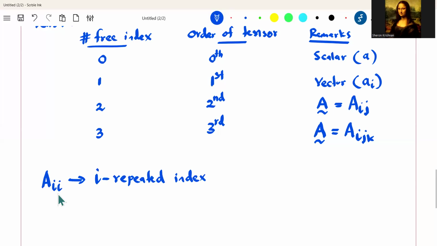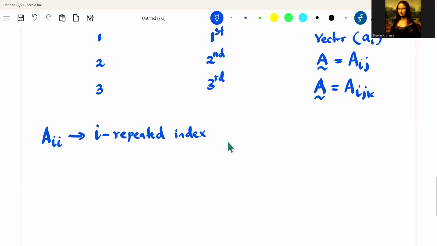So this is not a second order tensor. This is actually a scalar. We will discuss later why it is a scalar. But here I am talking only about the free index. Okay, so like that it will continue further and further.